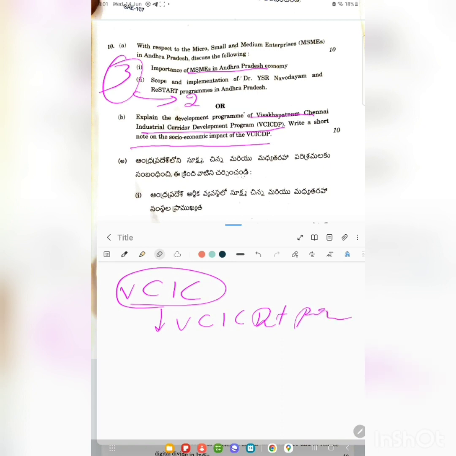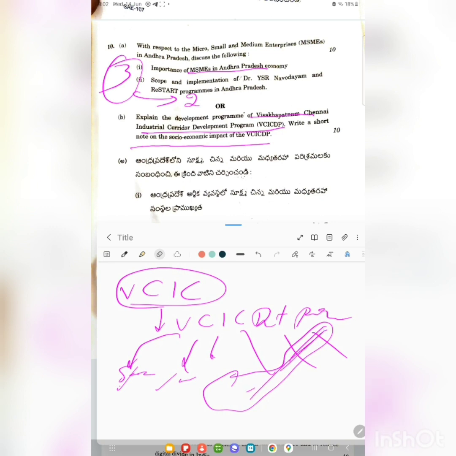In this program, there are a lot of socio-economic activities that are developed. A lot of developmental activities are happening in villages in terms of industries. This is a very specific question. If we write just a few points on the industrial corridor, it's not going to fetch us marks. The question is not about the corridor, but rather about the development program.